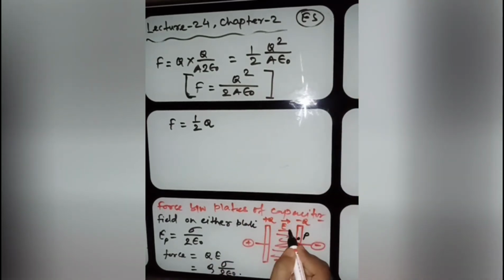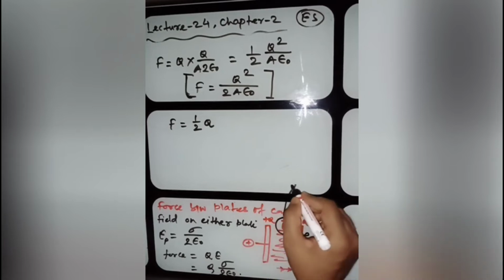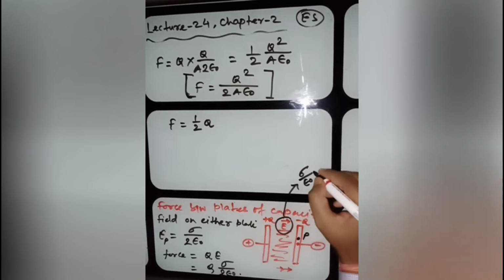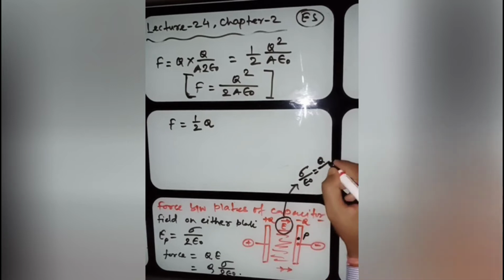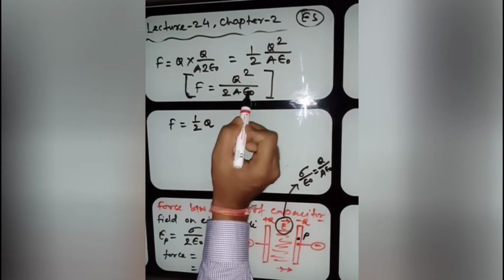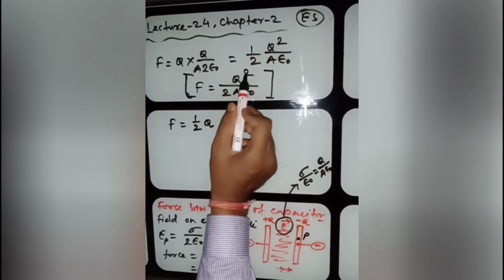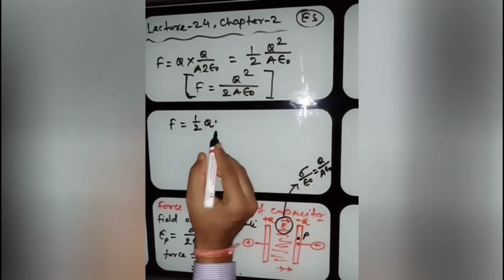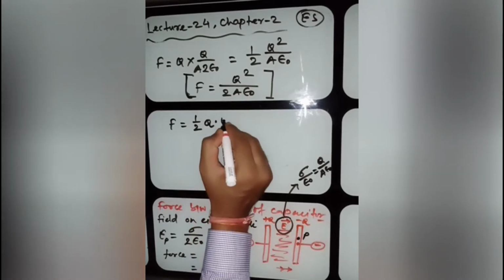Remember, this electric field was sigma by epsilon naught or Q by A epsilon naught. So I have taken out Q and this is E.